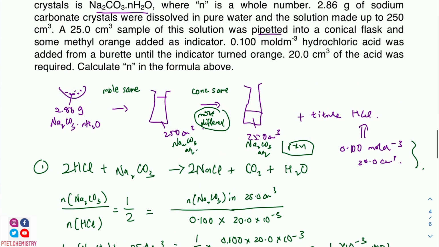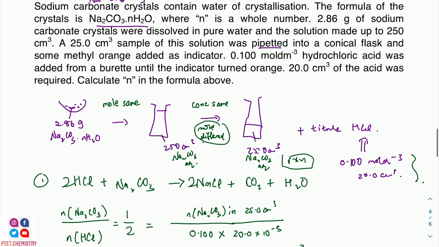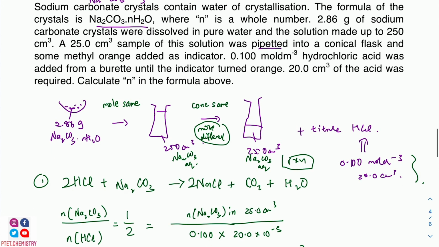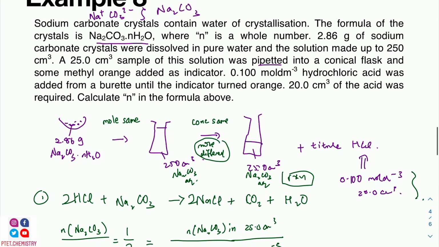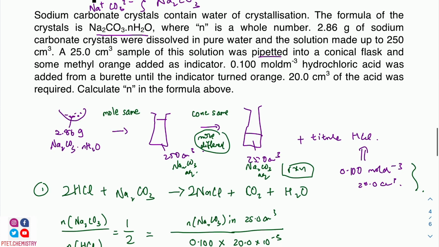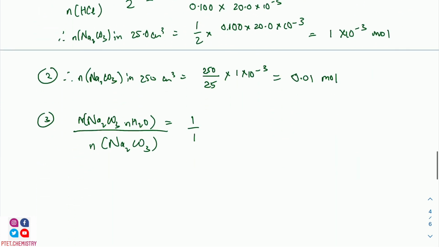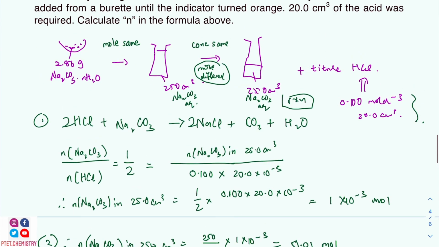So what do I need to do now? So the mole of Na2CO3 dot NH2O is the same as the mole of Na2CO3 that I found previously in the 250 cm cube, because their mole is the same.